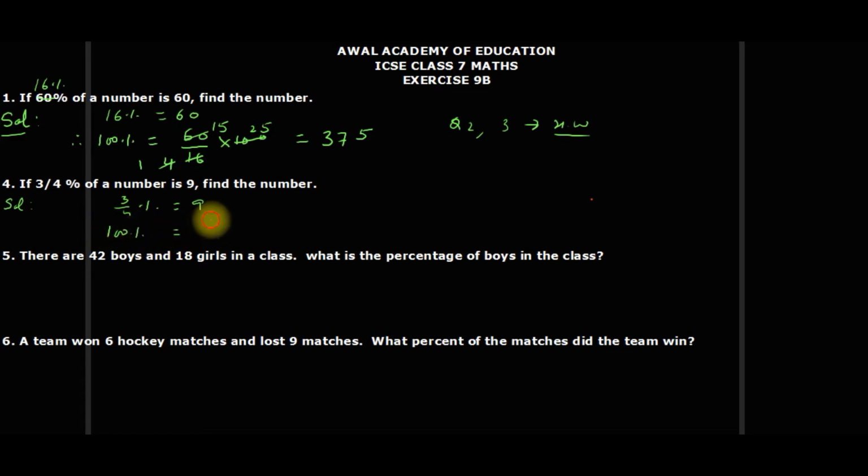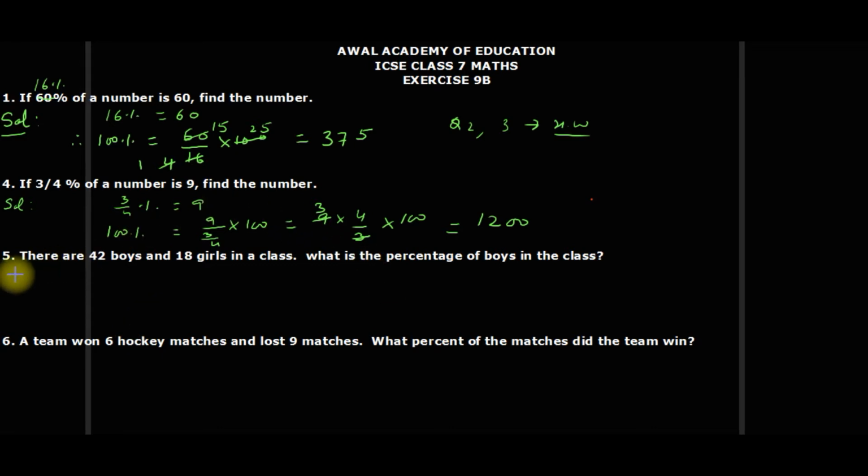So this 3 by 4 will go there, multiplied by 100, and this will become reciprocal. 9 into 4 upon 3 multiplied by 100. So 3 threes are 9, 4 threes are 12. This will become 1200. This is your fourth question.